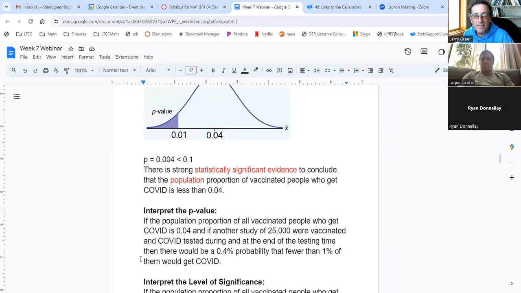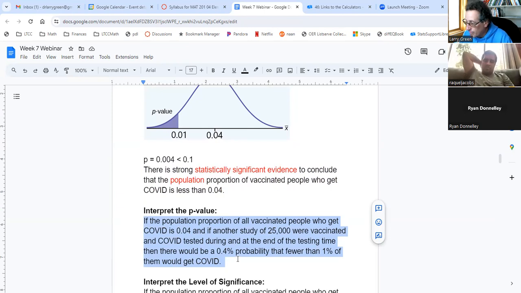Okay, now let's interpret the p-value. So here's the wording for interpreting the p-value. If the population proportion of all vaccinated people who get COVID is 0.04, 4%, and if another study of 25,000 people were vaccinated, okay, in the study they actually vaccinated 25,000, that was the sample size, and COVID tested during and at the end of the testing time, because that's what they did, then there would be a 0.4% probability.